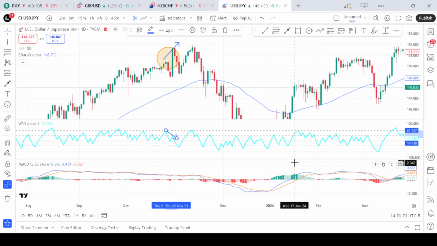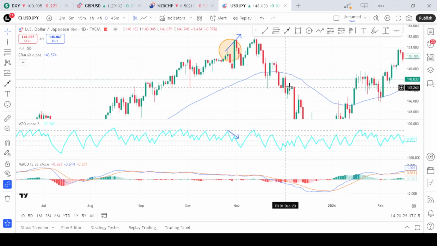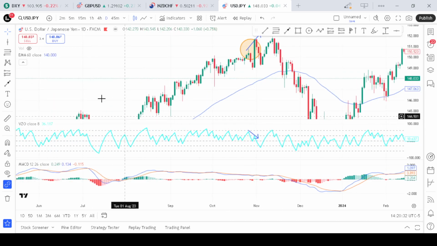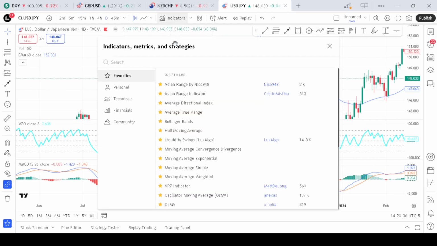So in an uptrend, after confirming by the EMA and the ADX, let me add my ADX to the chart.